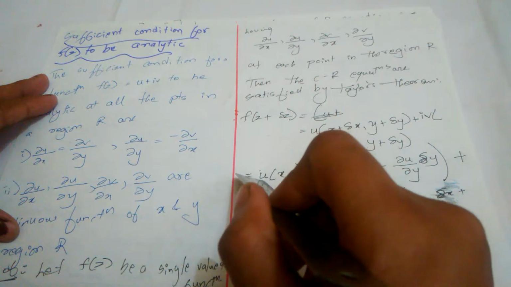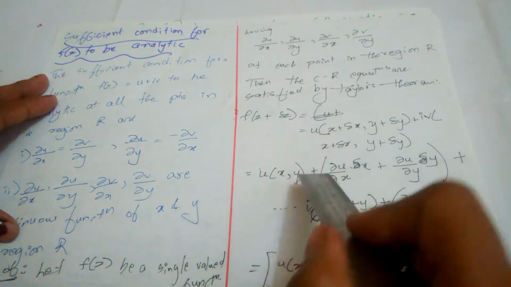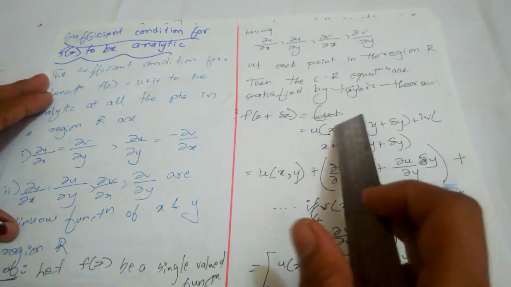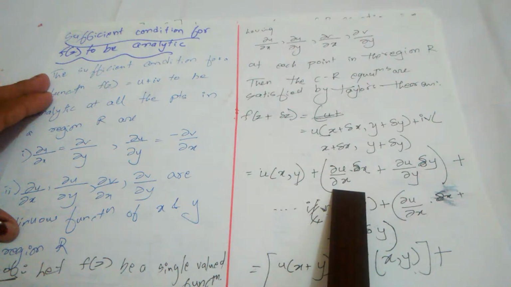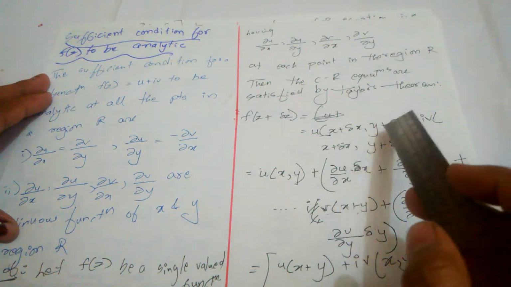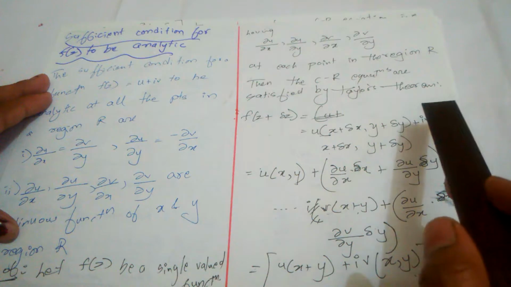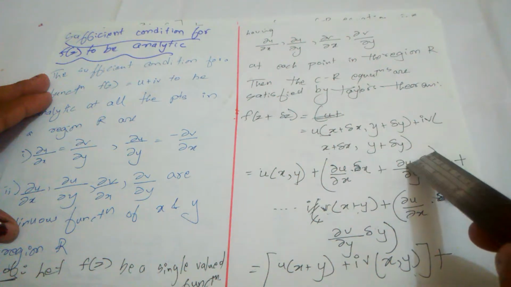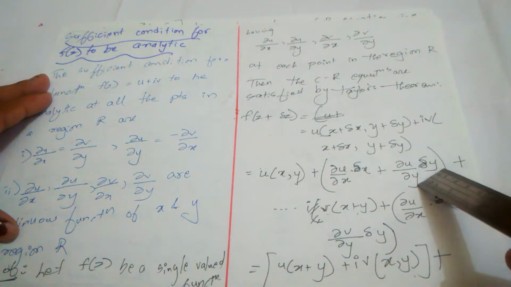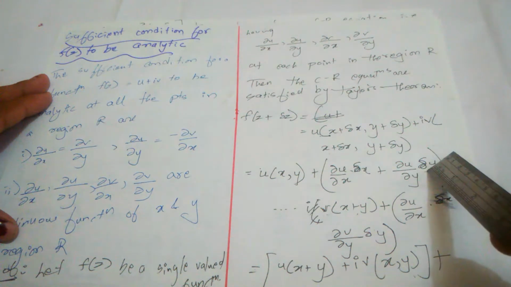So u(x, y) plus ∂u/∂x into delta x, next ∂u/∂y into delta y.